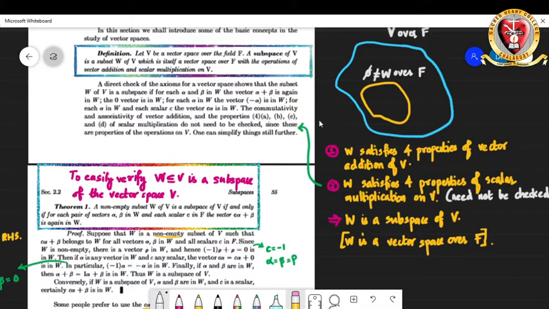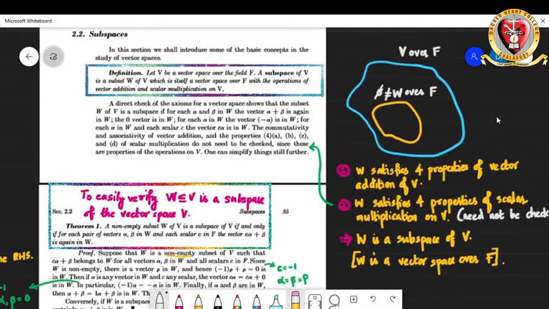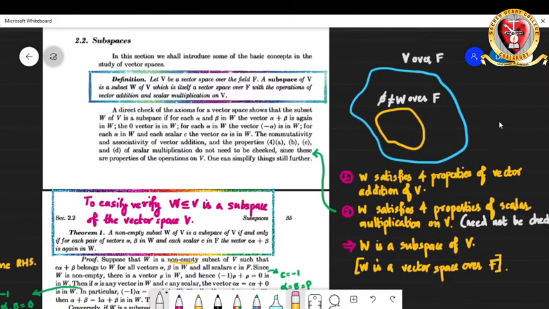If you are given a non-empty subset of V, you have to check whether it is a subspace. In the normal sense, what will you have to do? You'll have to check that it's given non-empty, and then you have to check the four properties of vector addition and in turn four properties of scalar multiplication.